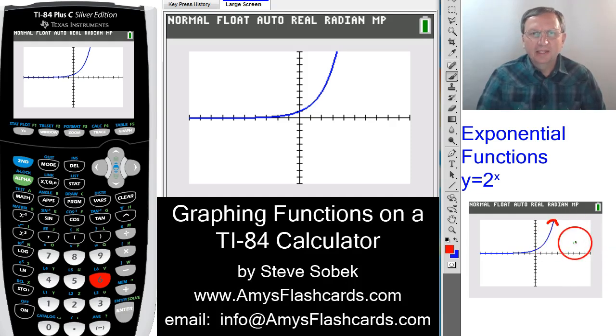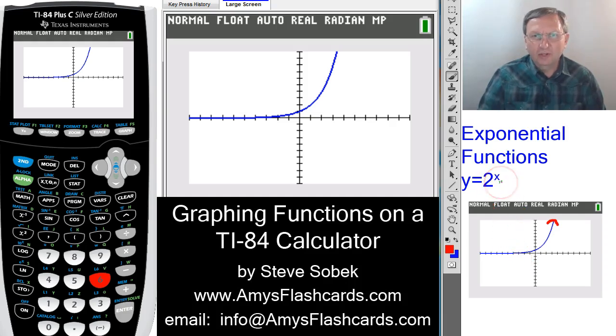On the other side here, we can see that the graph becomes asymptotic to the x-axis in this case. It looks like it's going downward, but it keeps going downward forever, but it never reaches the x-axis. Remember, when you put in a negative 5 for x, 2 to the negative 5th means 1 over 2 to the positive 5, 1 over 32. 2 to the negative 6 is 1 over 2 to the 6th, 1/64.